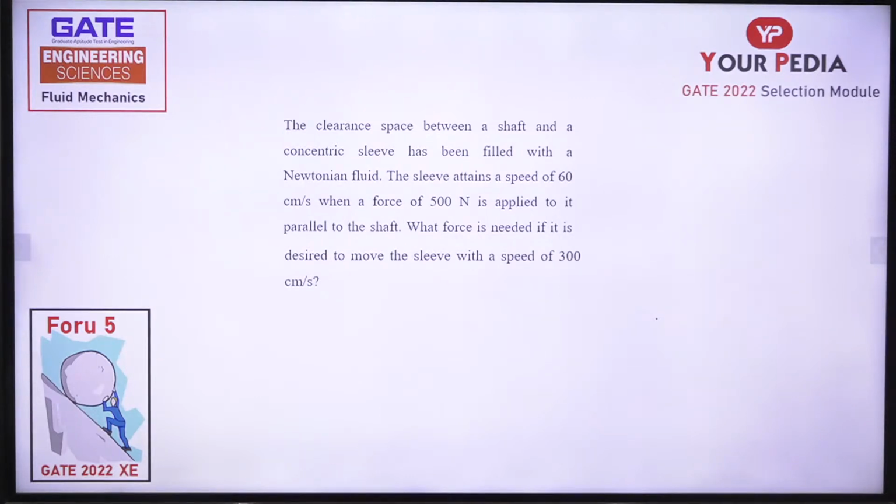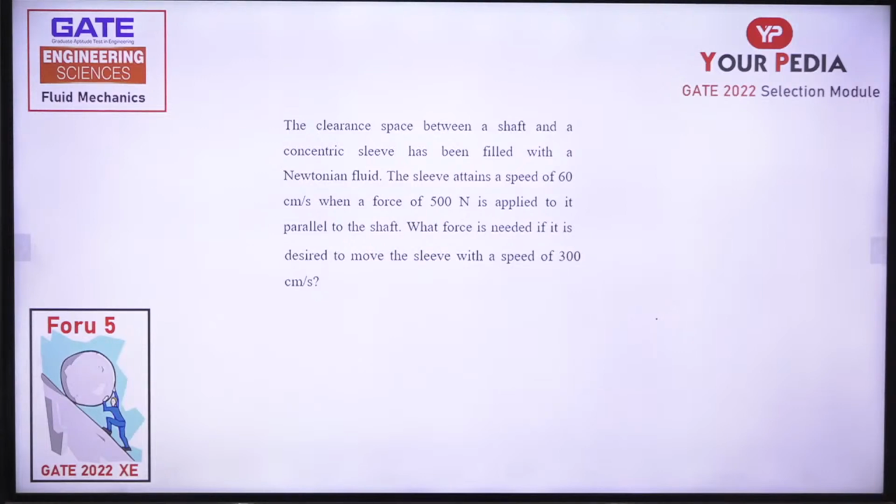There is a clearance space between shaft and concentric sleeve, which is filled with Newtonian fluid. You need to visualize the situation. Shaft is there, and then there's a concentric sleeve. Now the sleeve is rotating when some force is applied on it and its tangential velocity is given.